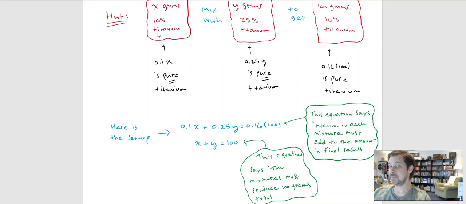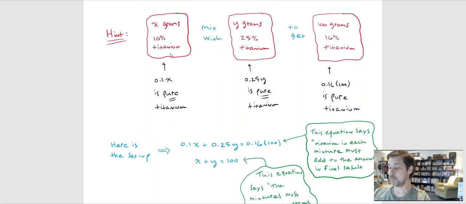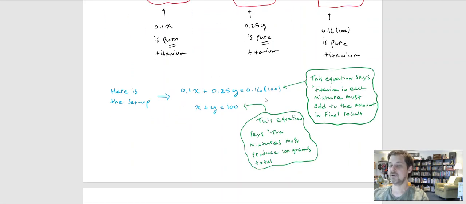That's what it means to say that 10% of this alloy is titanium. And 0.25 times Y is pure titanium. The amount of titanium in this and that must add together to be the amount in the final mixture. If I have 100 grams and 16% of it's titanium, then 0.16 times 100 is pure titanium.